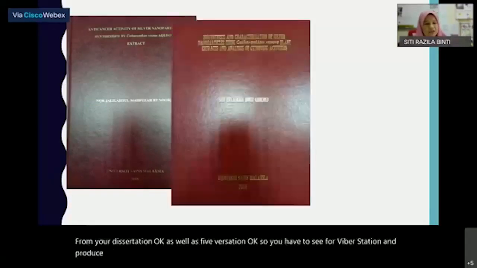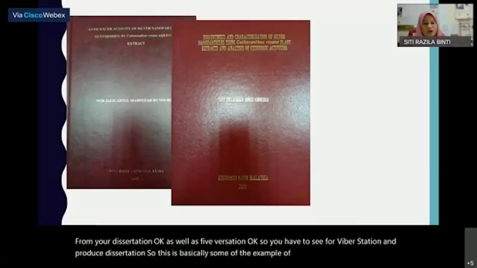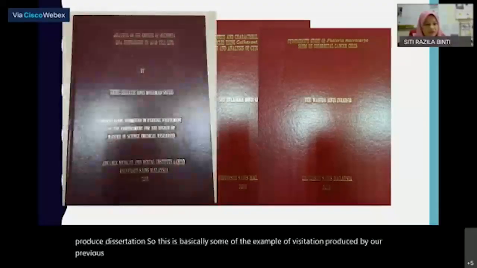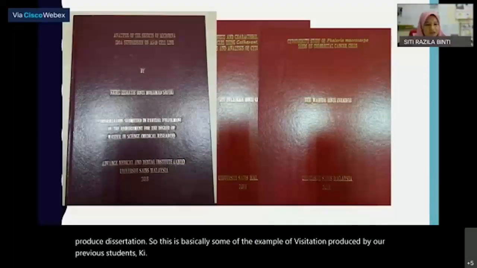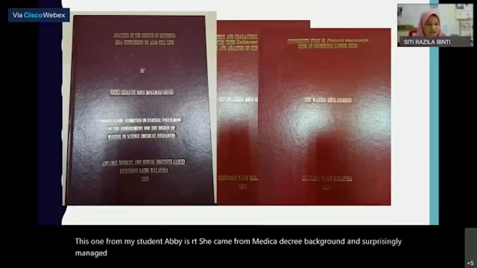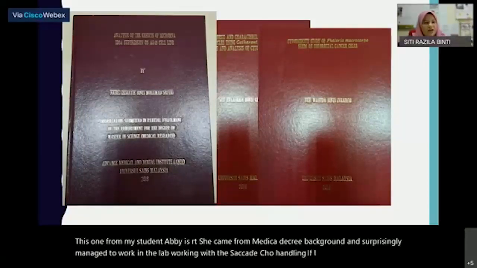So these are some examples of dissertations produced by our previous students. This one is from my student Nabil Izati. She came from a medical degree background, and surprisingly managed to work in the lab with cell culture, handling A549, the lung cancer cell line, and then doing cloning and so on.